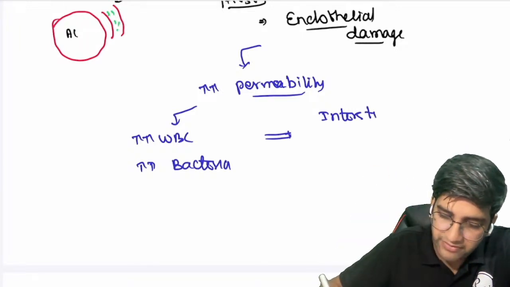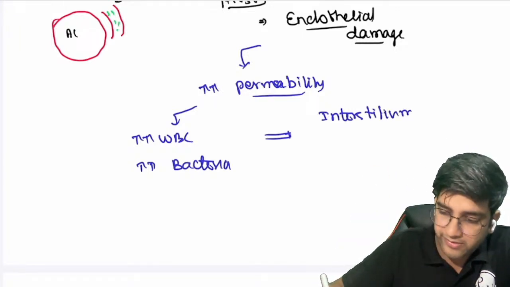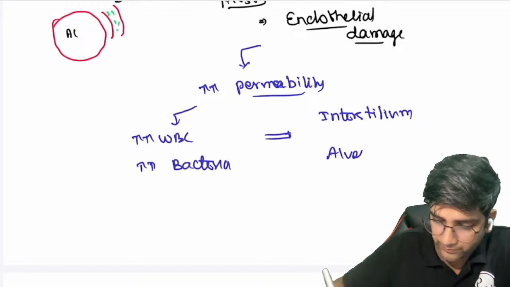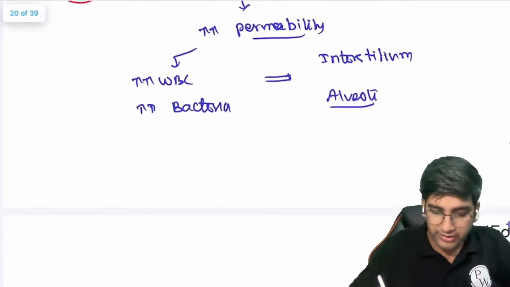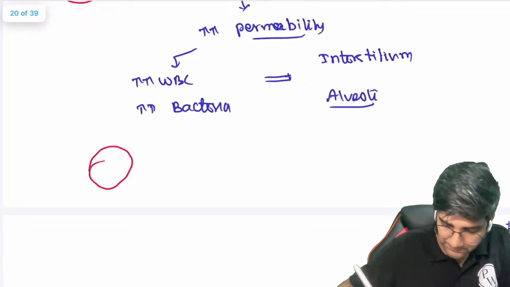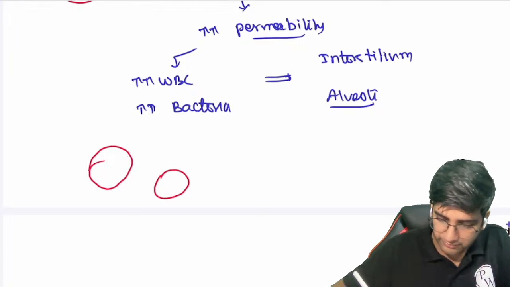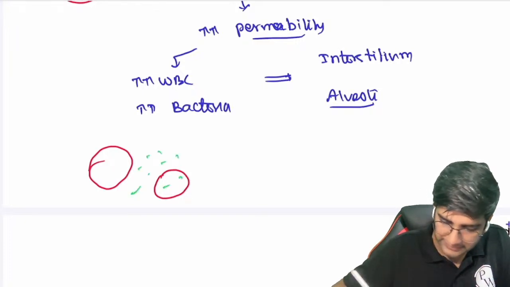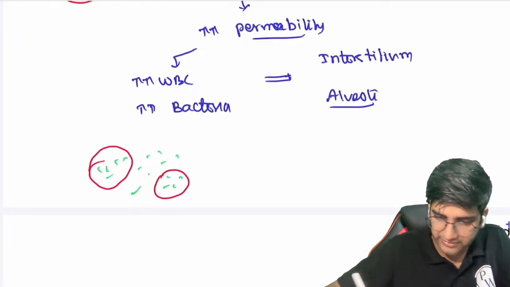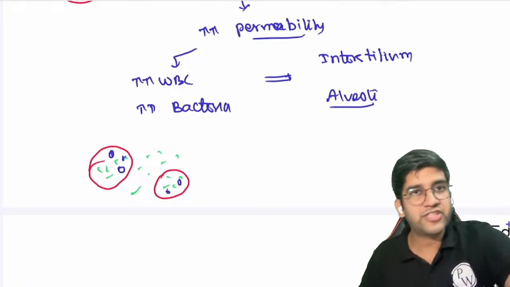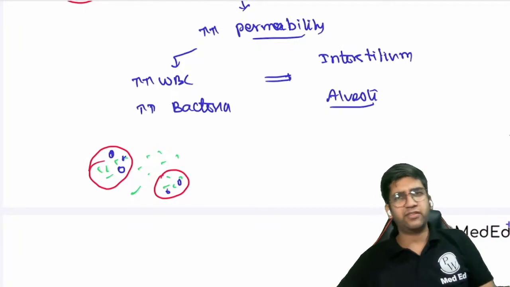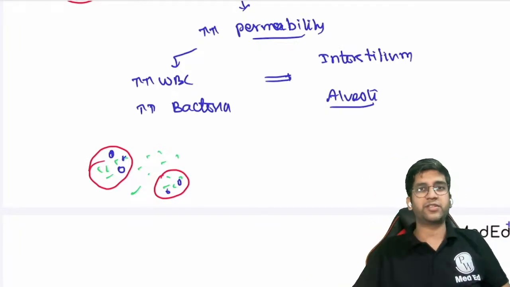That's not my major concern, but it will also happen in the alveoli. Both WBC and bacteria will increase in the alveoli. The green ones are the bacteria, in both places, and also my WBC. So is sepsis a low grade infection or a very high grade infection? What do you think?